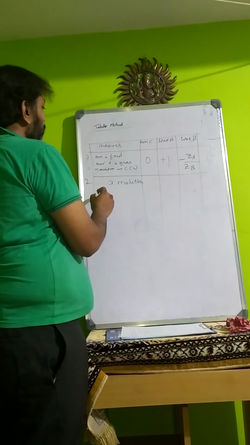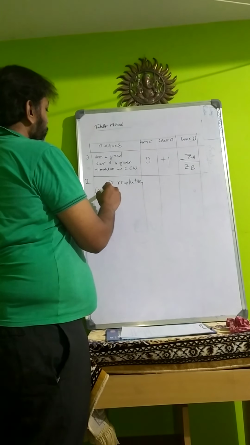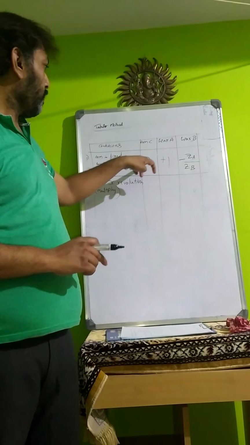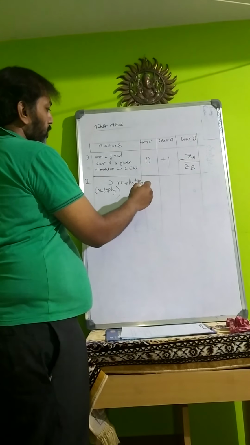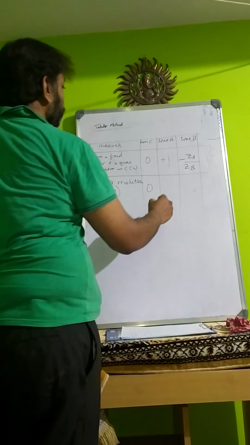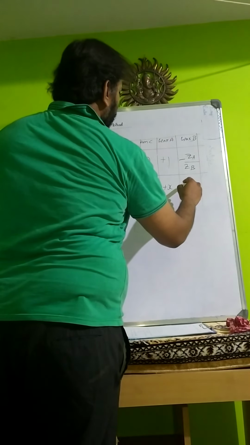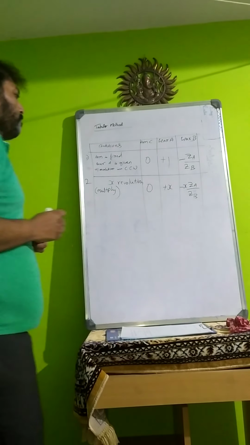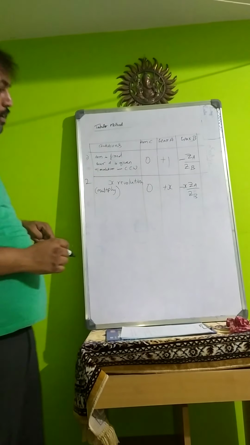We multiply X with the elements in the above row. If you multiply X into 0, you get 0, here you get plus X, and here minus X ZA by ZB. So this is the second row.